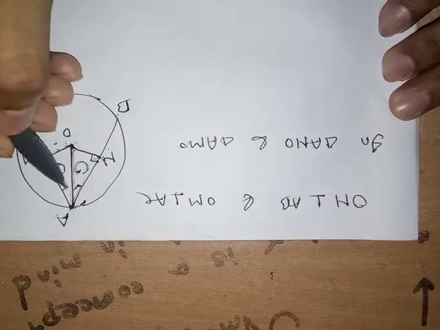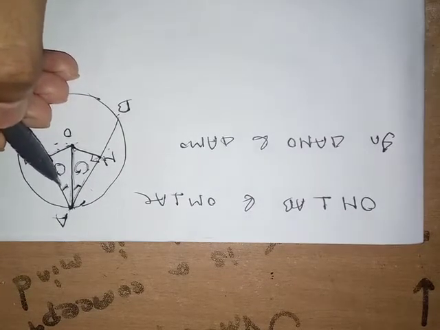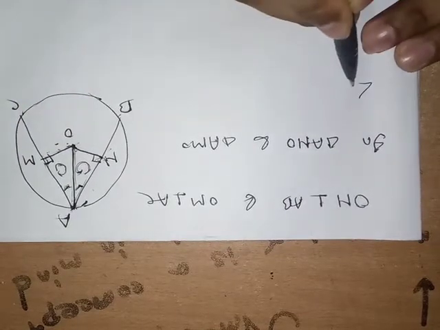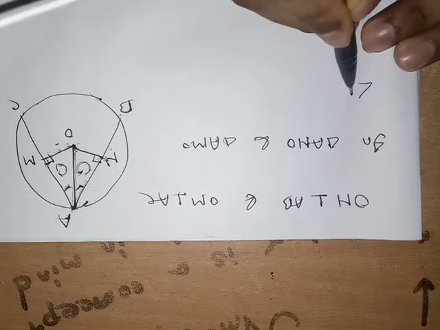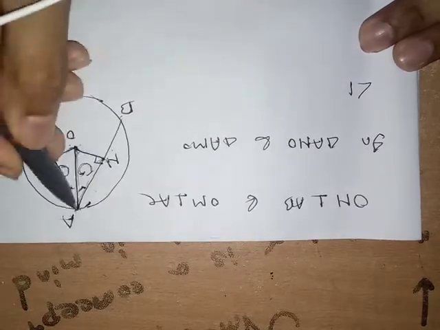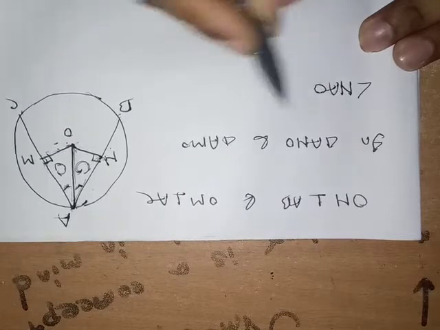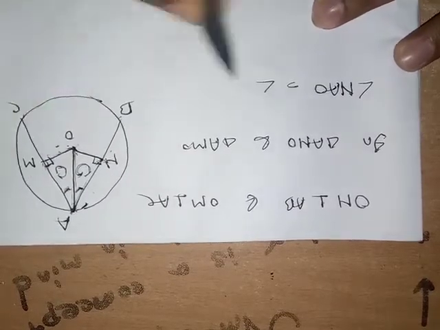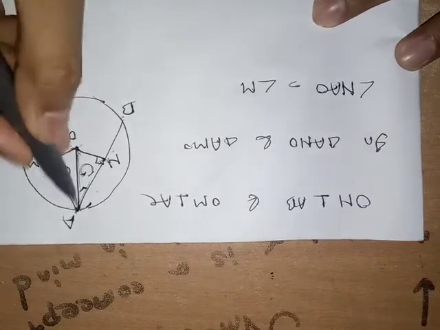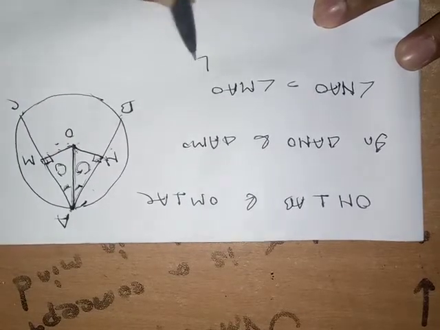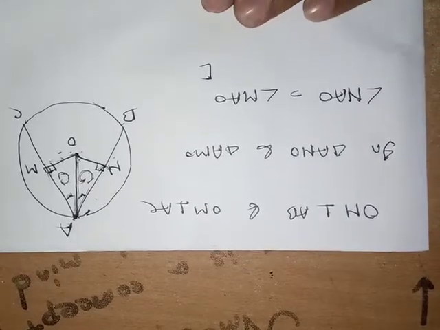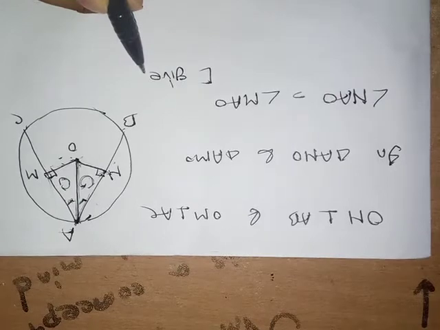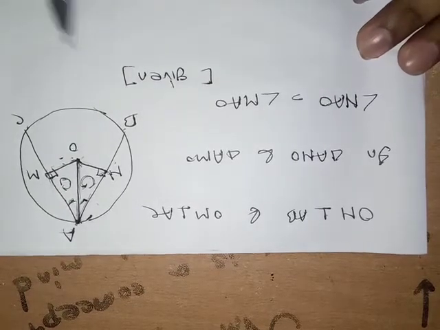this angle is equal to this angle. This is given by the statement. Angle NAO is equal to angle MAO, and we write in the parenthesis: given.